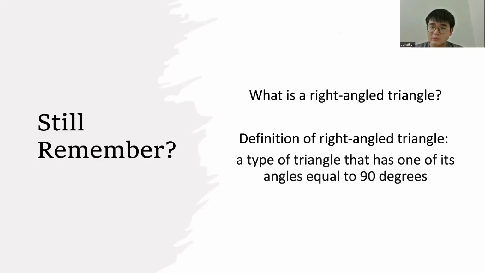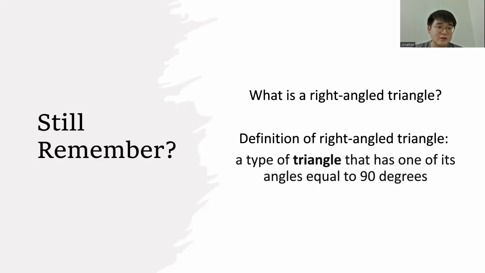So the definition of a right angle triangle is a type of triangle. Since it's called a triangle, and right angle means the angle is 90 degrees, it is a type of triangle that has one of its angles equal to 90 degrees.